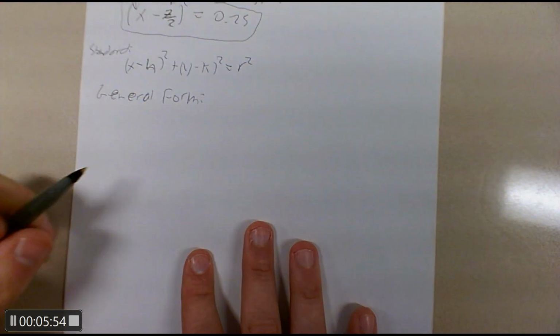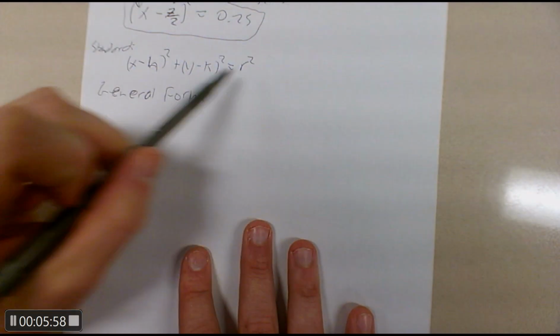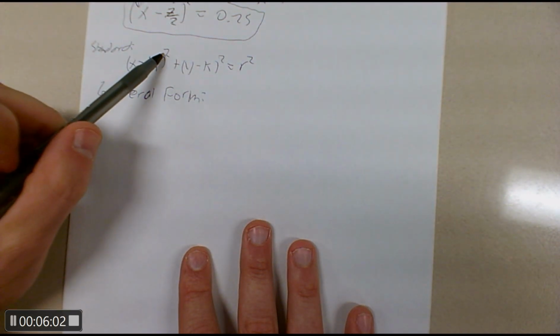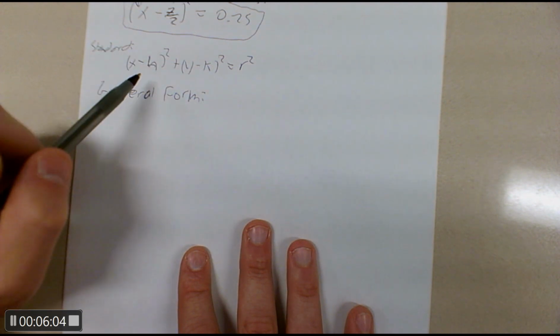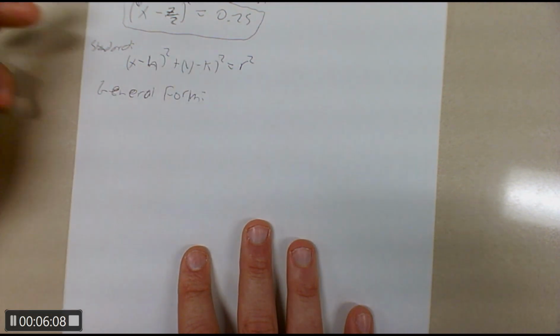Basically, general form is this problem right here, multiplied out. So you take your x minus h squared, and you actually square it. You take your y minus k squared, you actually square it, and you take your r squared and move it over. Okay?